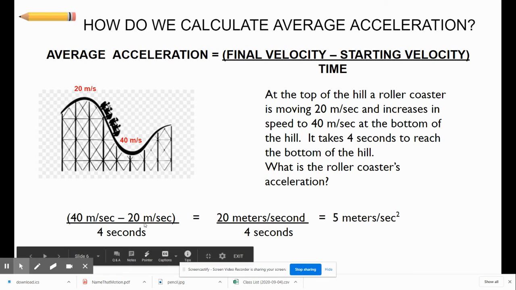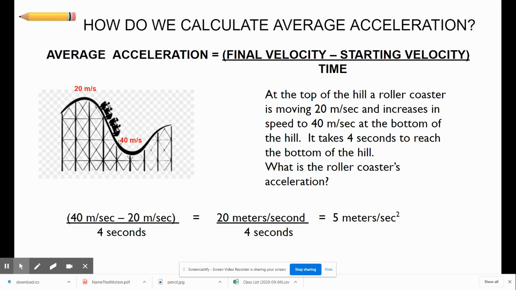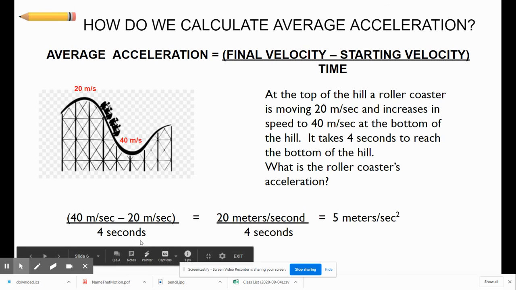So 40 minus 20, and it took 4 seconds, divided by 4 seconds. 40 minus 20 is 20. 20 meters per second divided by 4 seconds. Now, here's what kids always ask: what just happened? All right, 20 divided by 4 is 5. Everybody's good with that. Look at the unit. 5 meters per second squared.